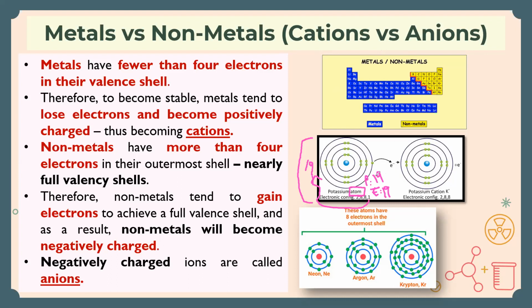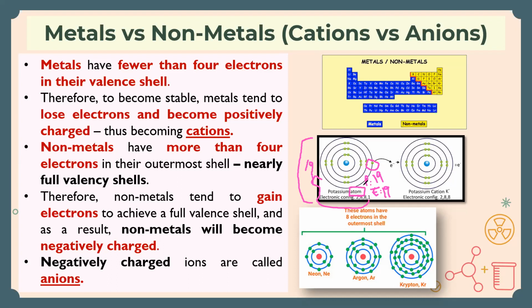Now, what happens when potassium donates its one outermost electron, or one valence electron, to another element, regardless of what element that is? It could be chlorine, could be any of our halogens in group 17, could be fluorine, could be bromine, anything.